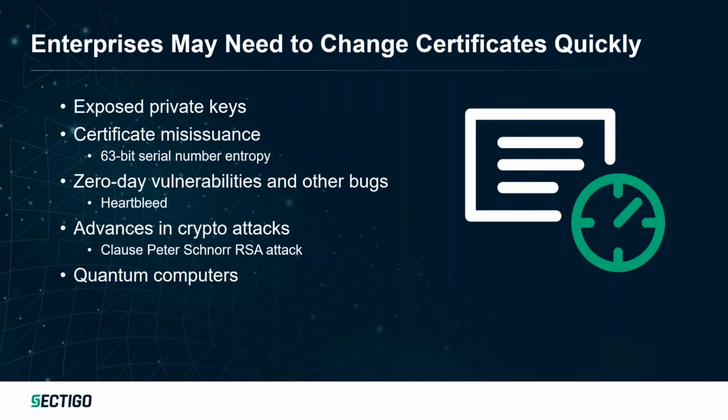But the other thing that's going on is that there has been an increasing need over the years for enterprises to be able to swap out certificates very quickly. Once upon a time, let's say back in the 2000s, you could install a cert and be pretty confident that it was going to be okay for the duration of its term. And more and more, that's proving not to be the case, that certs have to be swapped out.